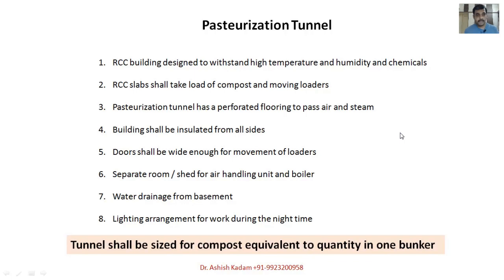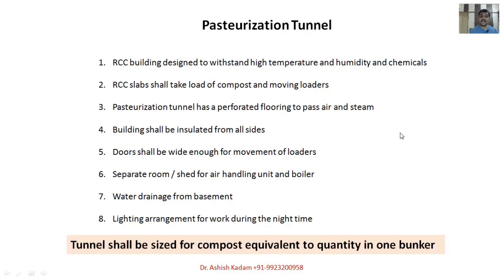The first point is an RCC building designed to withstand high temperature, humidity and chemicals. We have seen the temperature going even to 75 degrees centigrade, humidity is very high, and a lot of chemicals like ammonia are there. So we have to design the entire RCC wall, roof and floors to withstand those conditions.